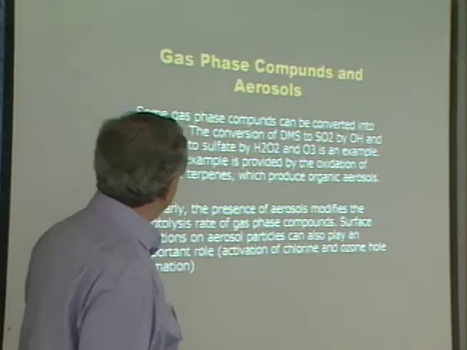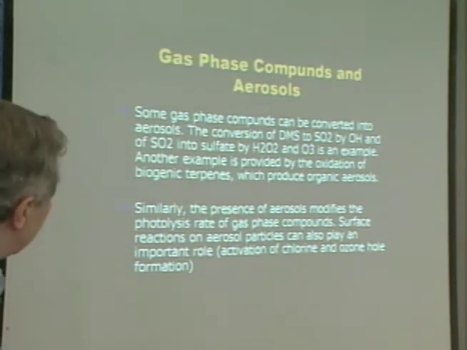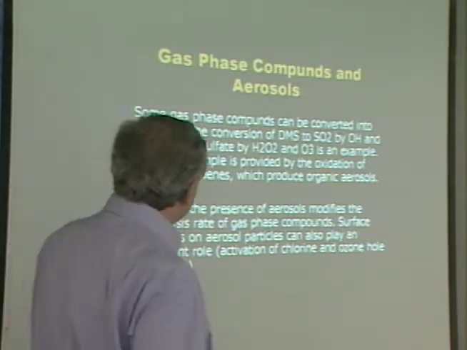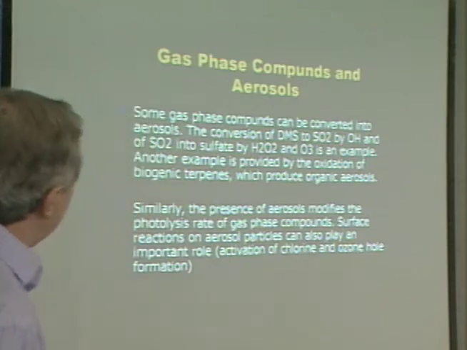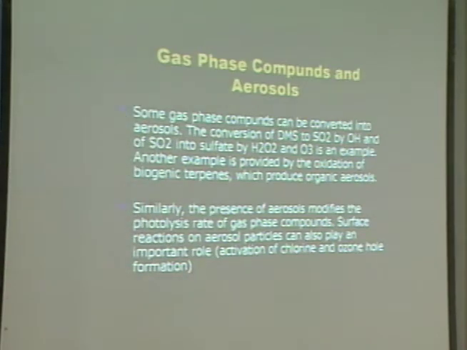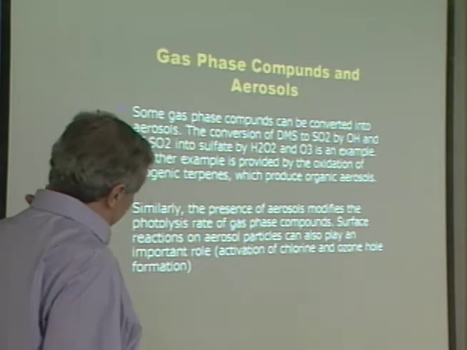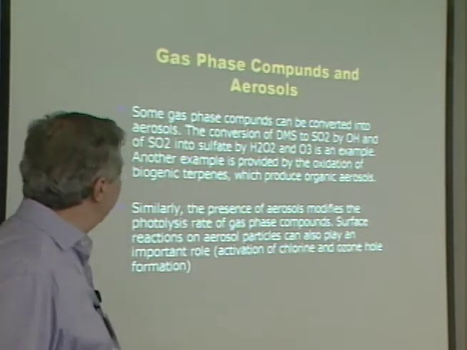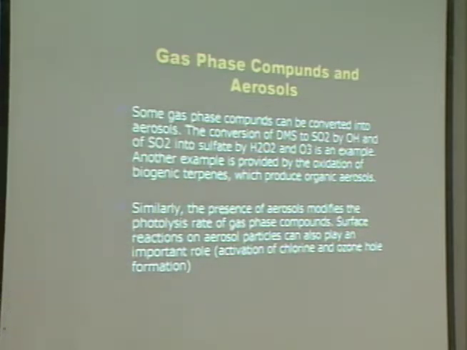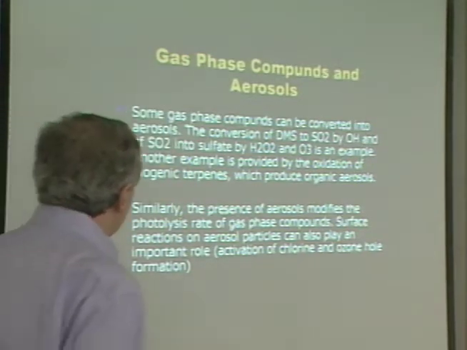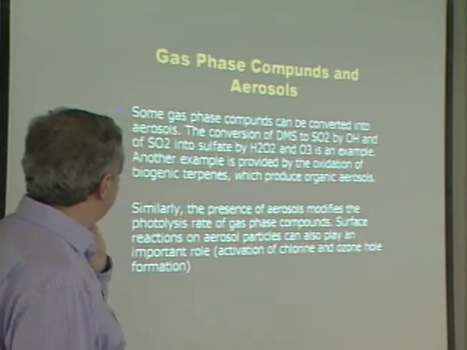Another example is provided by the oxidation of biogenic monoterpenes, also perhaps isoprene, which produce organic aerosols. So there is a connection here. This is where perhaps chemistry could play an important role also in the climate business. But on the other hand, of course, you have to remember that the aerosols themselves modify the penetration of solar radiation, and therefore the photolysis of a number of chemical compounds.